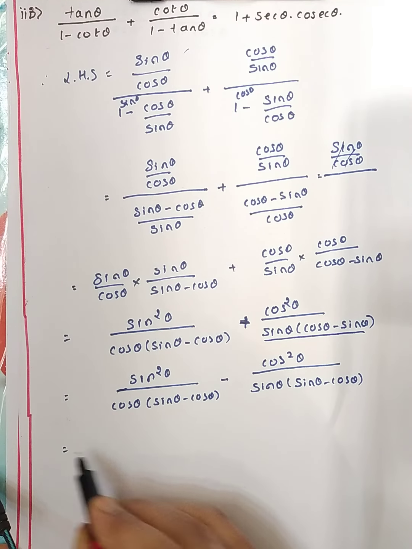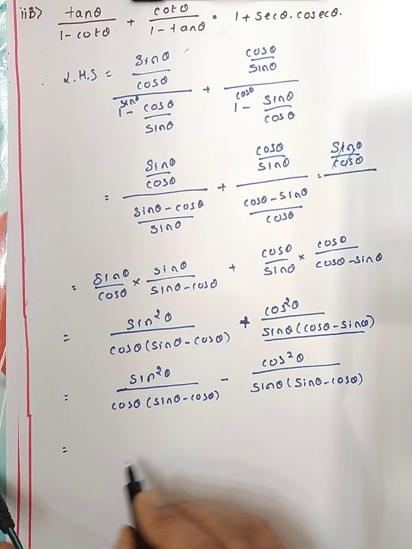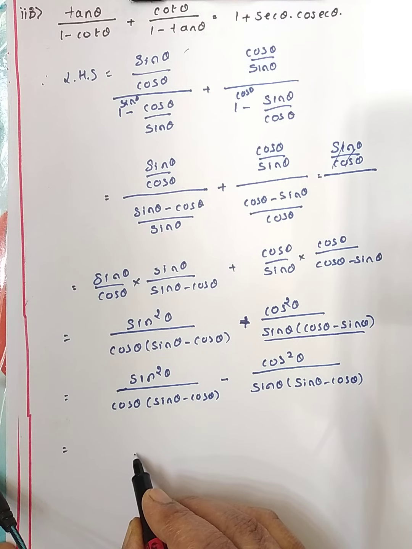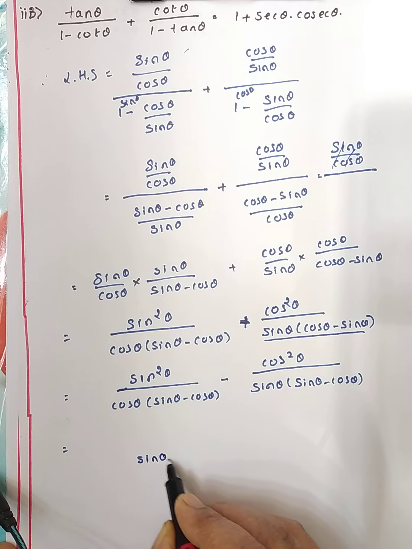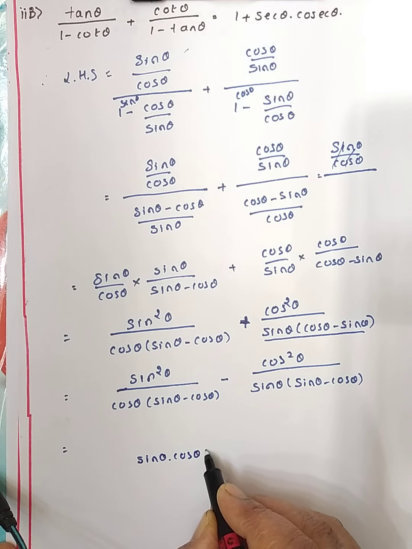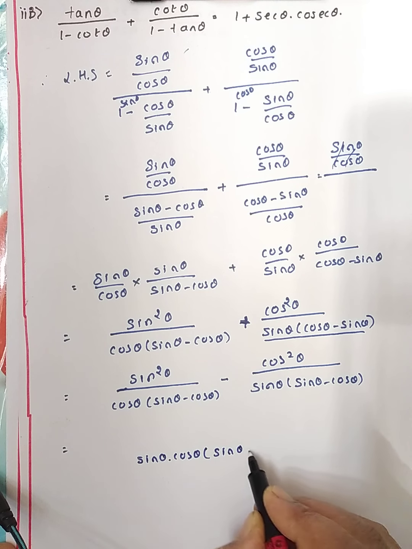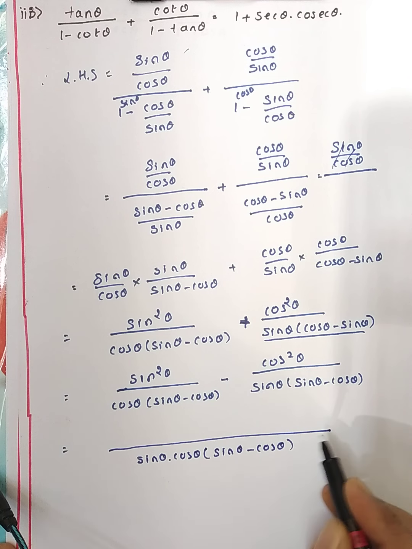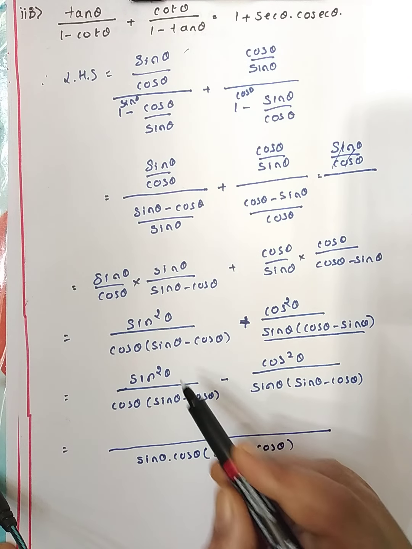So now take LCM. What is the LCM? Sin theta minus cos theta, and sin theta cos theta into sin theta minus cos theta is the LCM. So here what do we have to multiply?